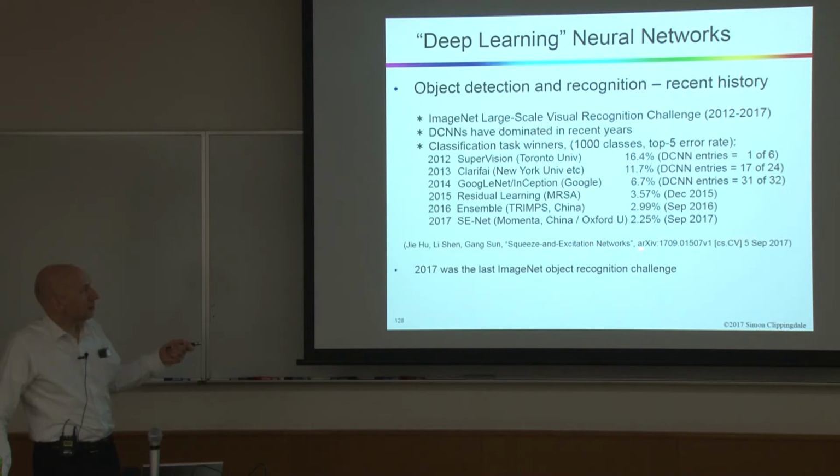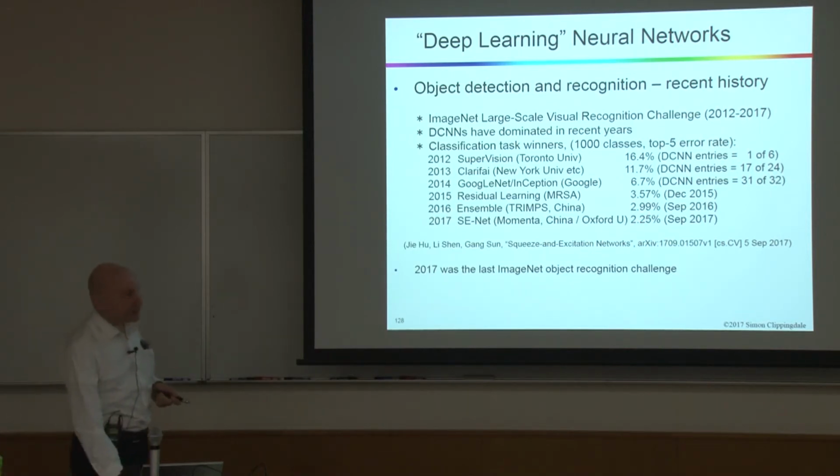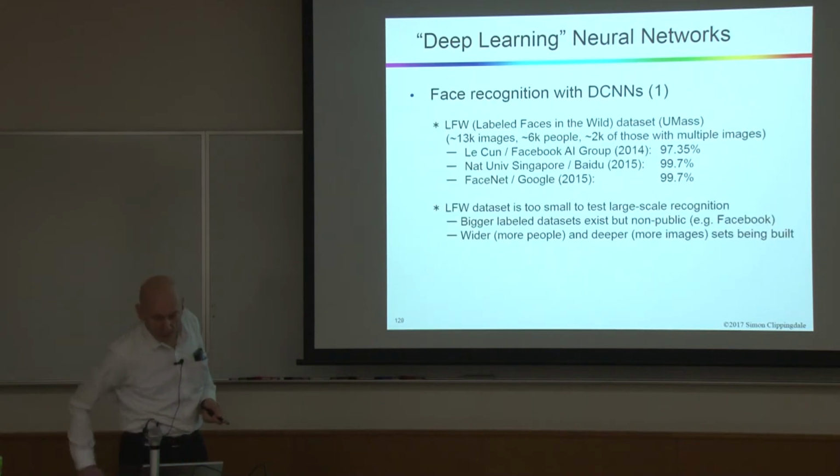Again, this appeared on the preprint archive in September. Now these values are getting so tiny that they've decided not to bother keeping this contest running, because we're really down into the kind of final couple of percent. But that's how quickly this field has moved over the past few years.